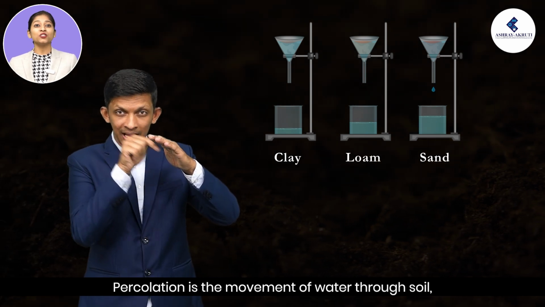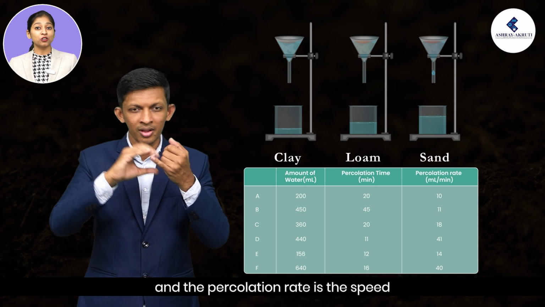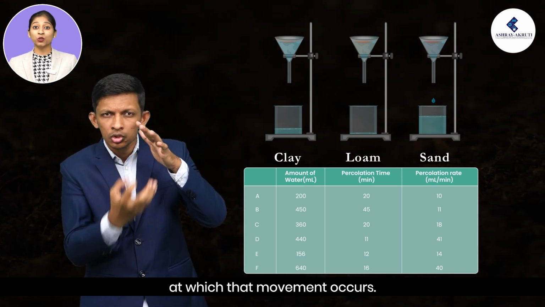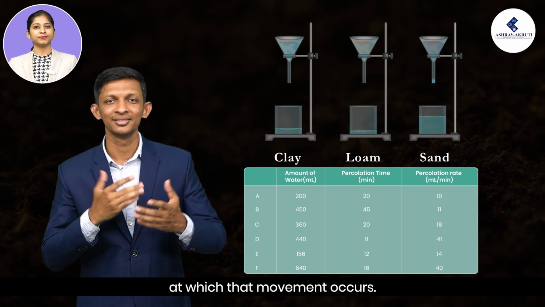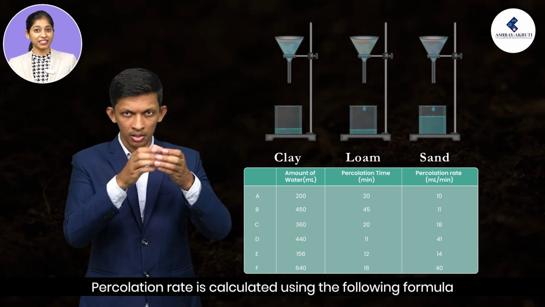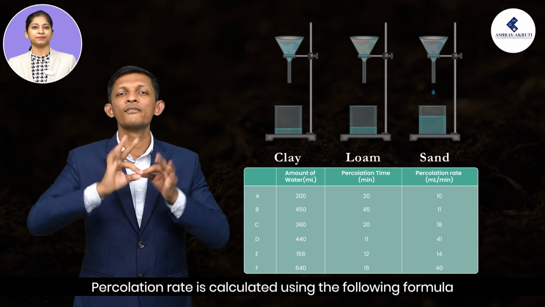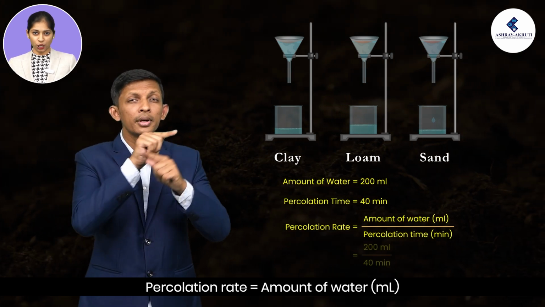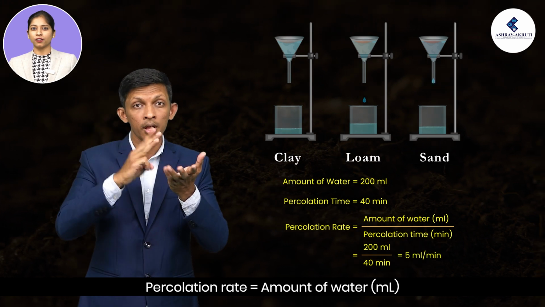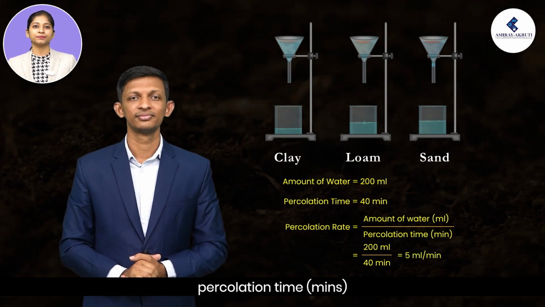Percolation is the movement of water through soil, and the percolation rate is the speed at which that movement occurs. Percolation rate is calculated using the following formula: percolation rate is equal to amount of water in ml divided by percolation time in minutes.